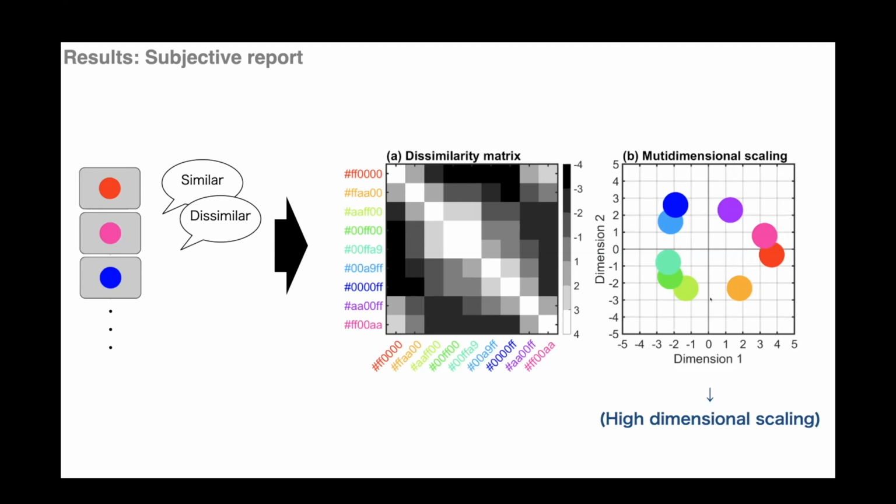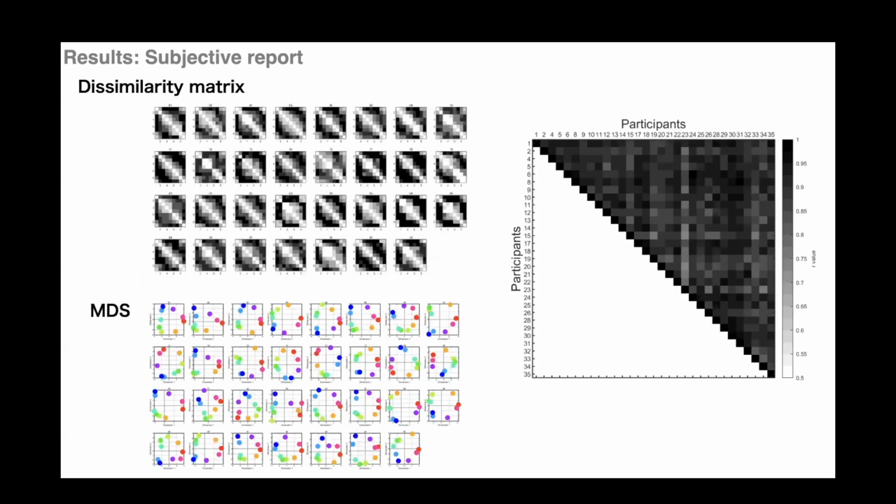Okay, so this is behavioral result in average. And then here is the individual data. So this is from subject 1 and 2 and 3. And then from these matrices, we can create MDS like this. And here it's the correlation between all the subjects. So black indicates they are similar. Their matrices are similar.